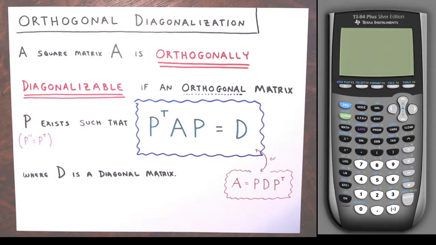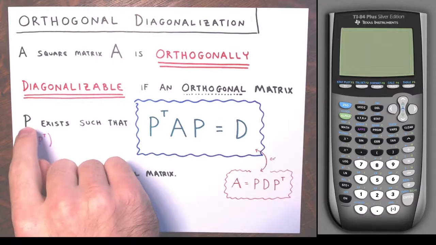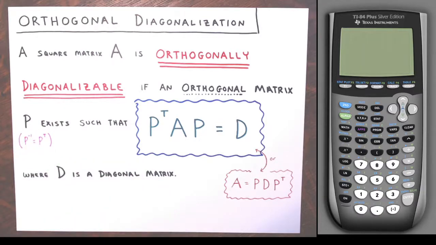The major difference is we're not going to just use those basis vectors. We're going to transform those basis vectors for the eigenspaces into an orthonormal set of vectors, and then we can construct an orthogonal matrix, because the columns of an orthogonal matrix form an orthonormal set. So I can't just use any old set of vectors.